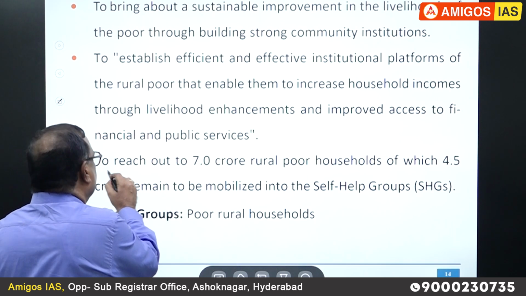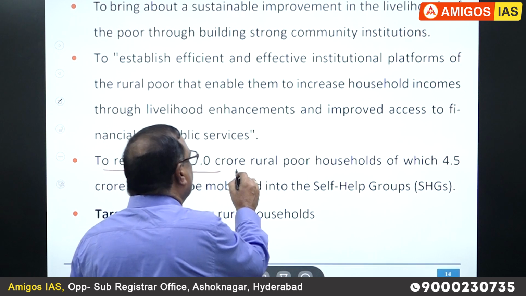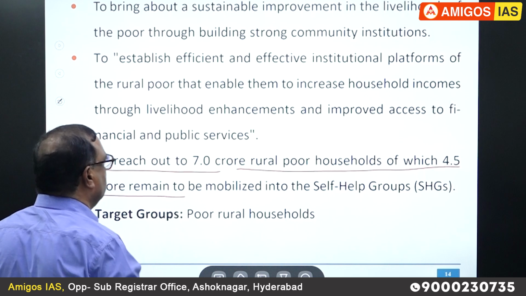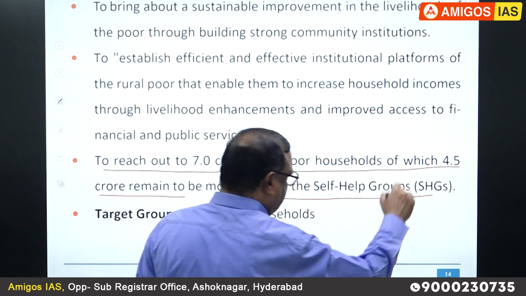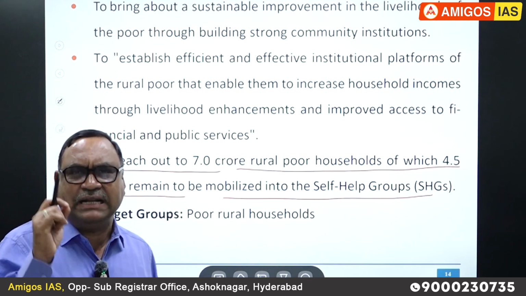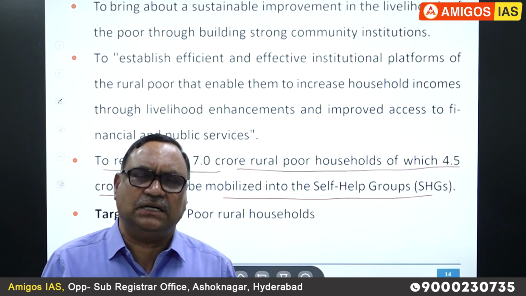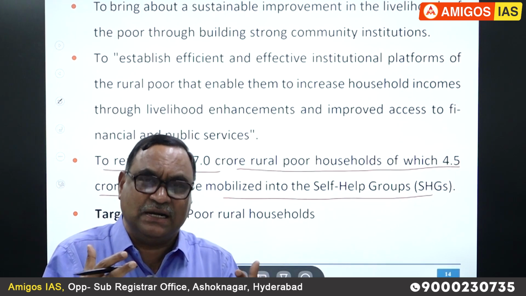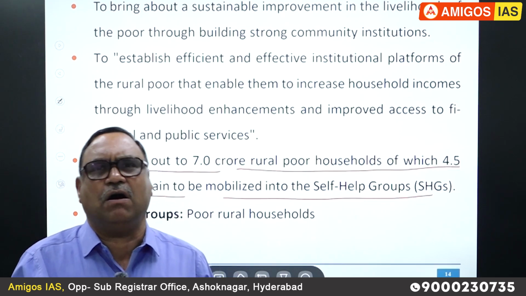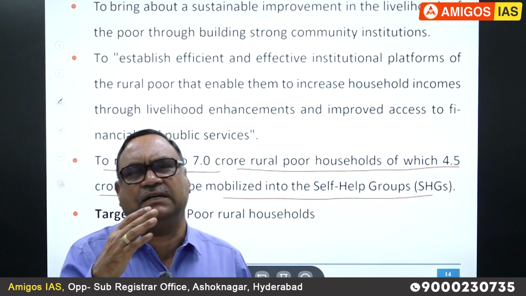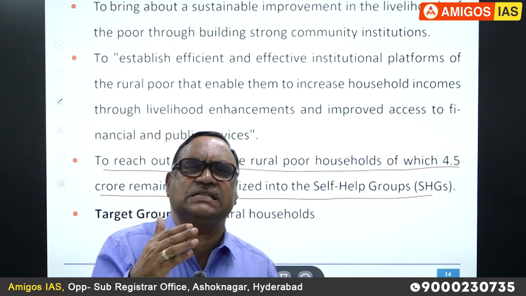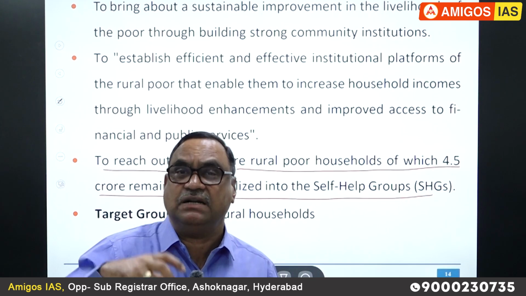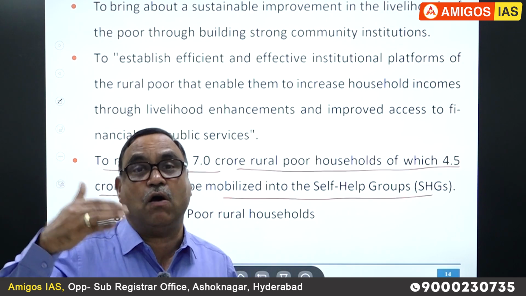This again is a very important point: to reach out to 7 crore rural households, of which 4.5 crore remain to be mobilized into self-help groups. That means the focus of attention of this scheme is to encourage the people to form self-help groups and to extend the benefit to them. Why? Because whatever the benefit, whether technological support or financial support provided by the government through this scheme, that should be long lasting.